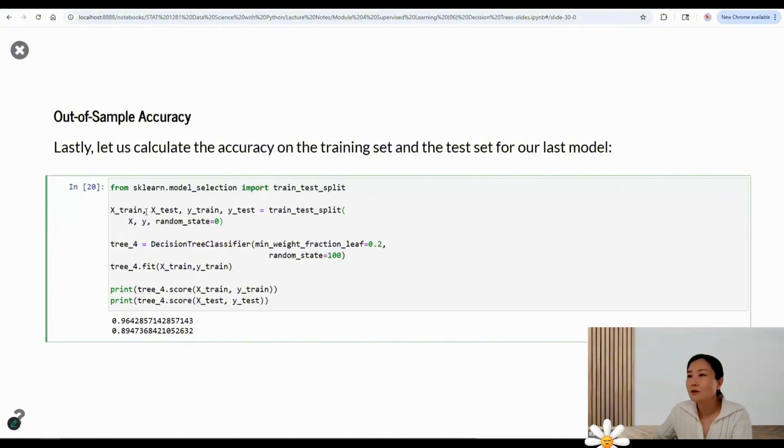So now let's split the data into a training set and test set and fit a decision tree just as before, by setting only one hyperparameter value and then fit and score it. The score is the accuracy. So apparently there is a big difference between the training set and the test set accuracies.